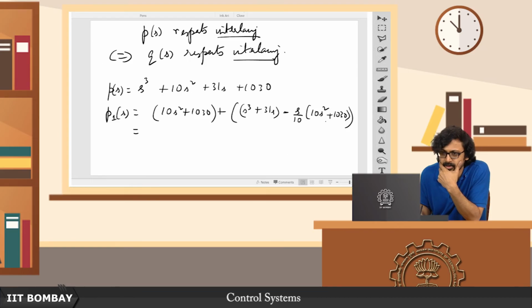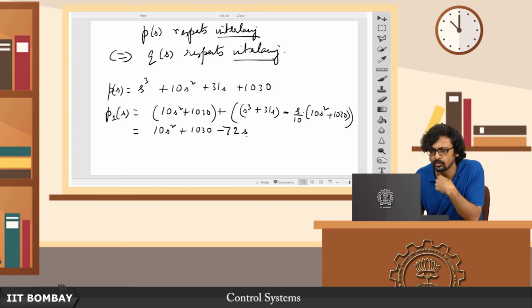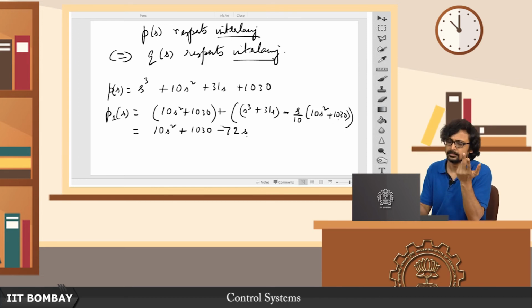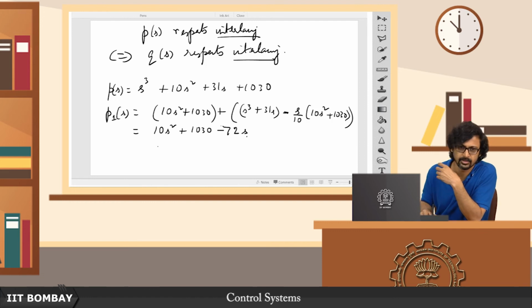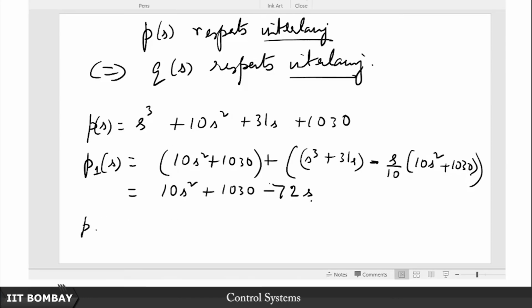So 31 minus 103, if I'm not mistaken, is minus 72. So we are left with 10s squared plus 1030 minus 72s. I think I'm not making a mistake here. 103 minus 31 is 72, yeah. That's right.